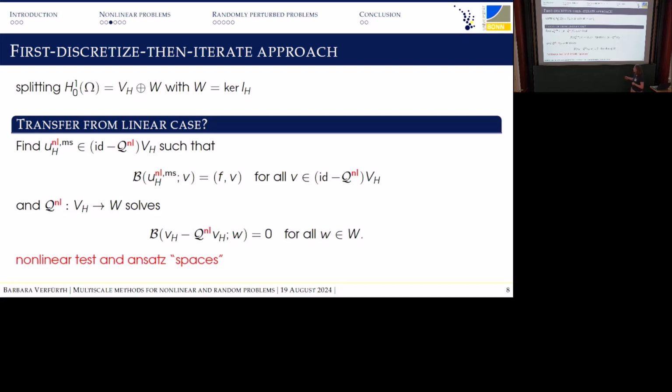And now I just write my nonlinear B here everywhere. I can write down whatever I like, and I have a closer look at it, and I realize, okay, because things are nonlinear in the first argument here, this means that this operator Q becomes a nonlinear operator, and thereby also this space, the set where this solution should come from, becomes something nonlinear as well, and I would like to use it as test and ansatz space in my method.